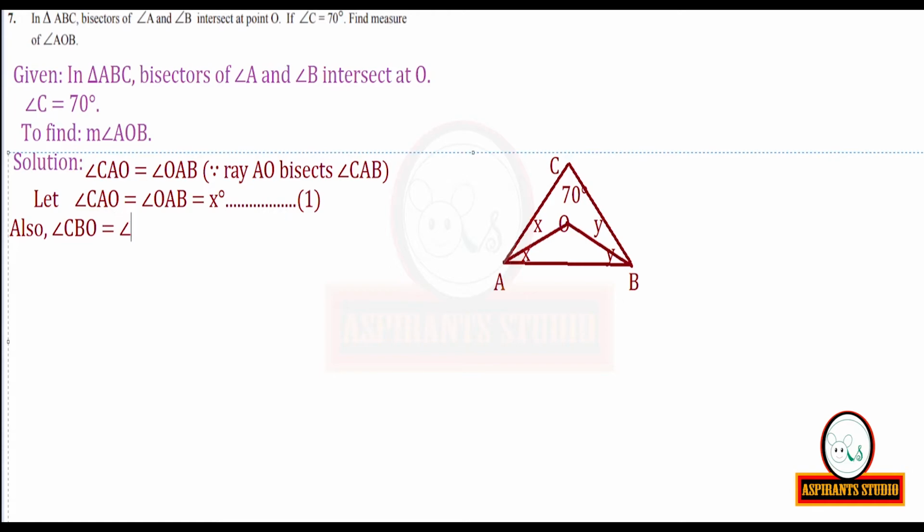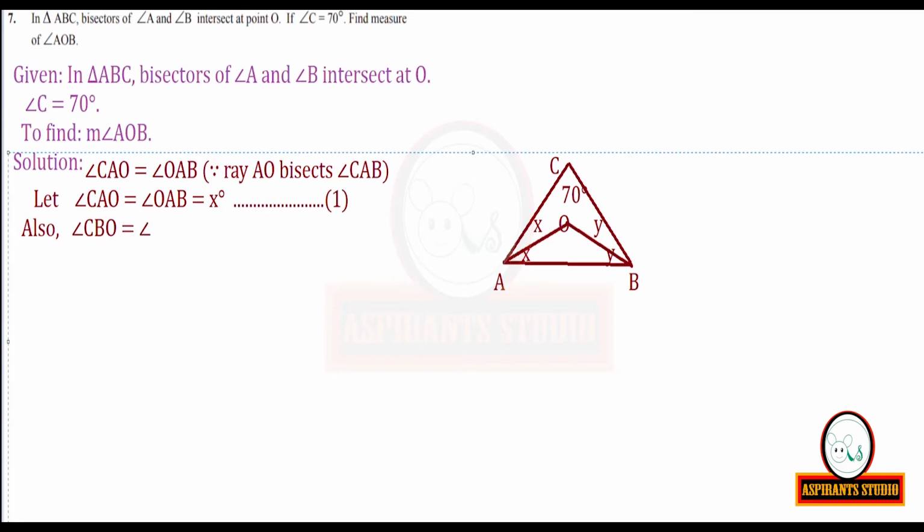Now, ray BO bisects angle CBA. Look at the figure. Ray BO bisects angle B is given in the question. So, it can be written as angle CBA. So, ray BO bisects angle CBA.